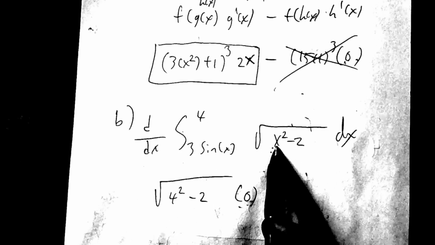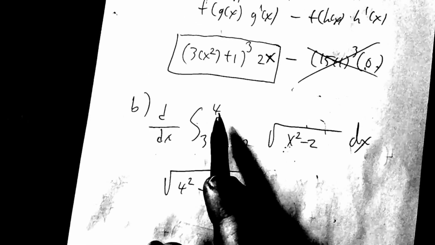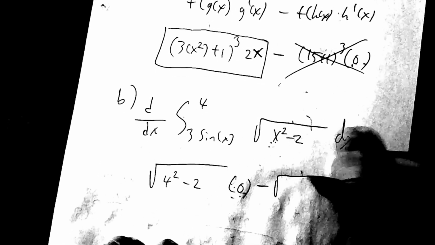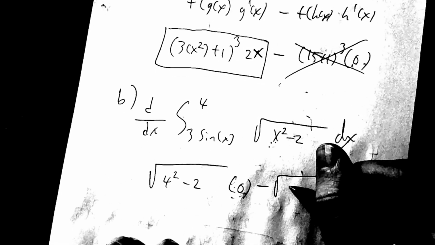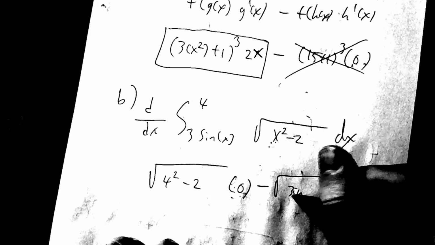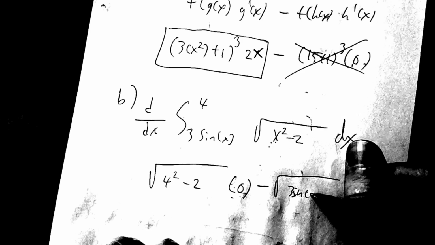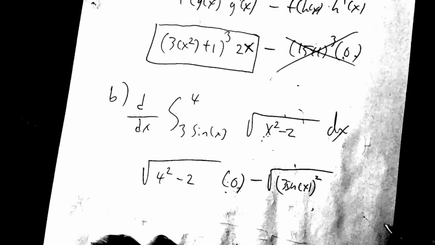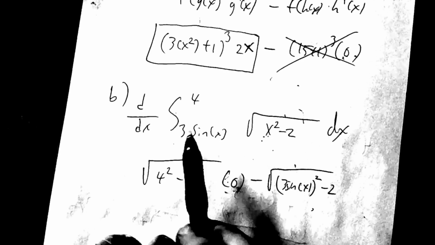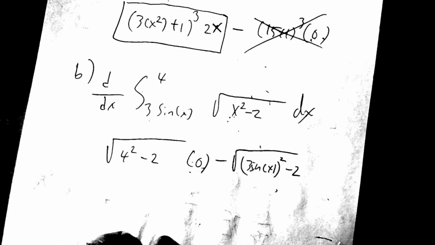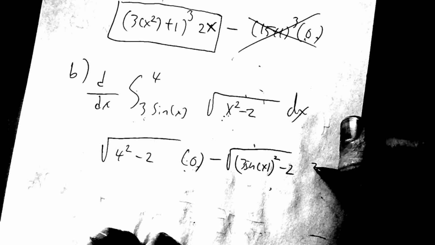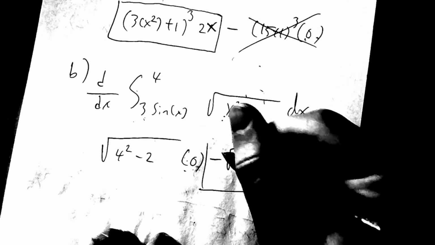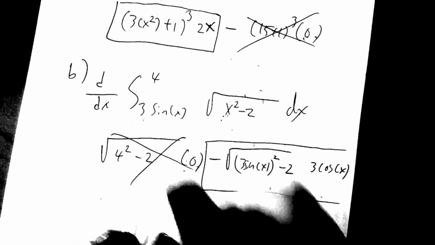So put the 4 in for x, then I took the derivative of 4, that's 0, minus square root of ((3 sine x) squared minus 2), times the derivative of that, which is 3 cosine x. So that would be the answer right here, because this will cancel because of that 0.